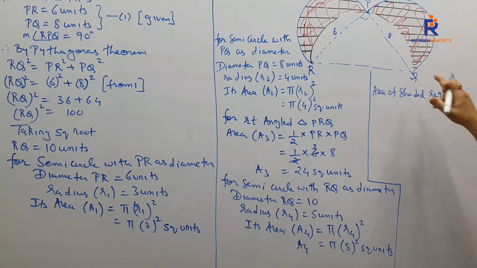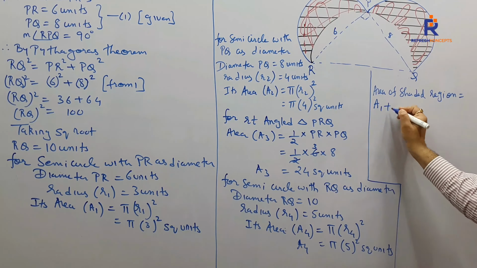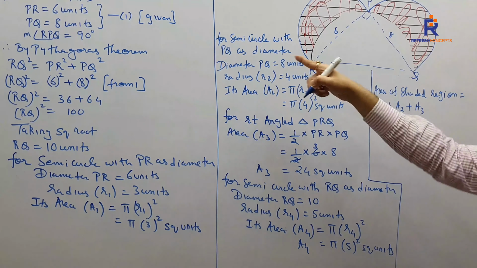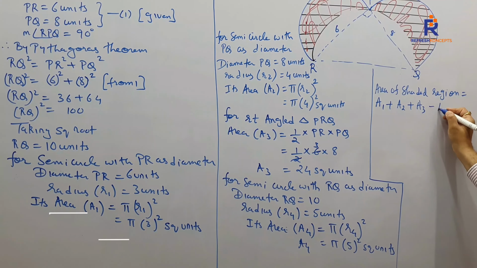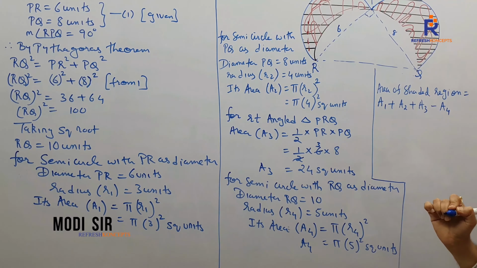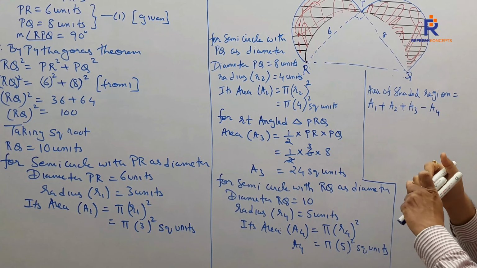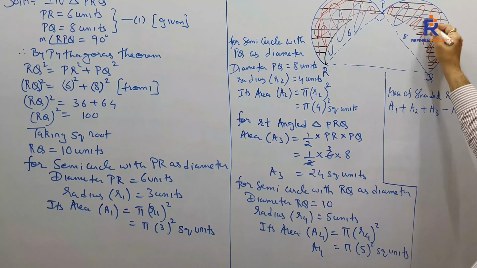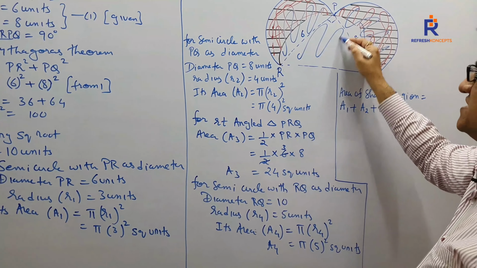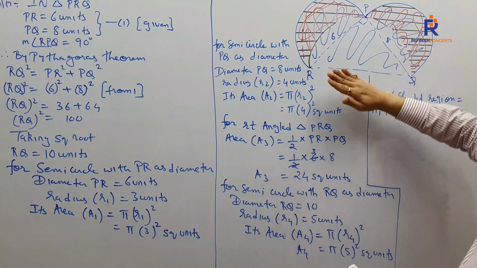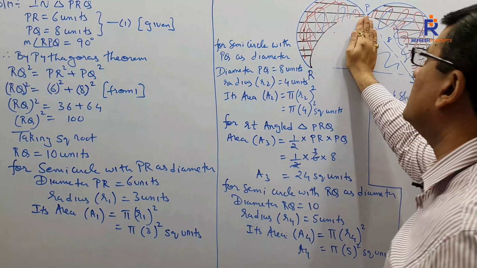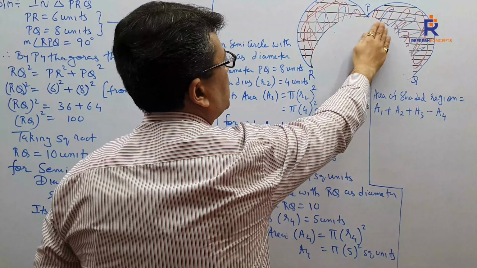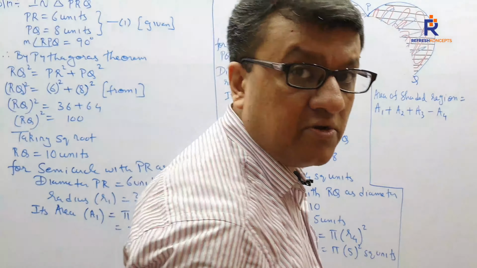So the area of shaded region is nothing but A1 plus A2 plus A3 minus A4. Am I right, children? As I told you, the area of this entire figure plus this entire plus this entire, and then we went for subtracting. I hope my children are understanding it. This is how we obtained our answer.